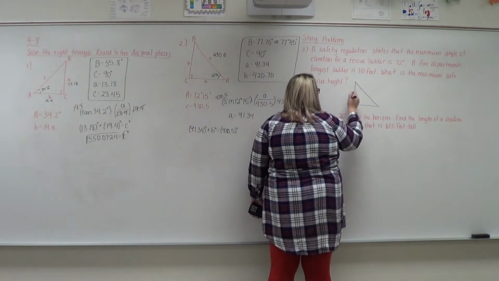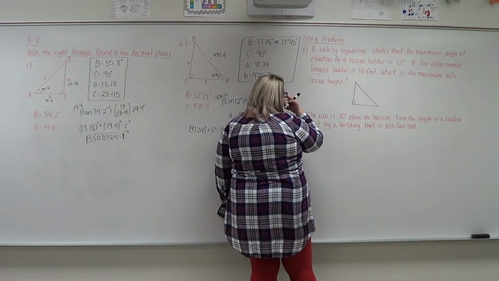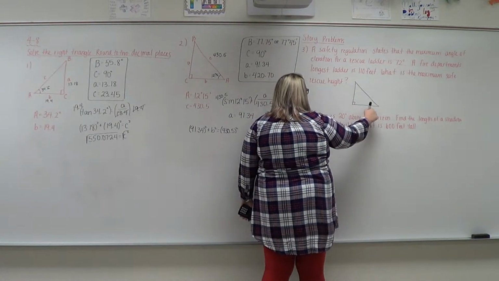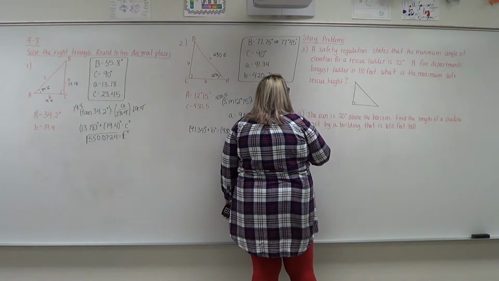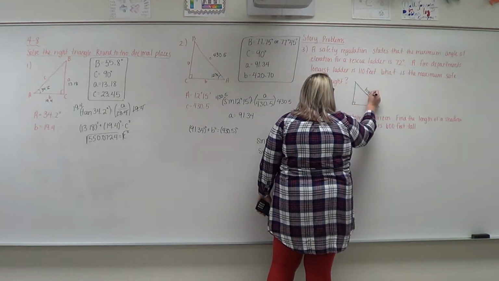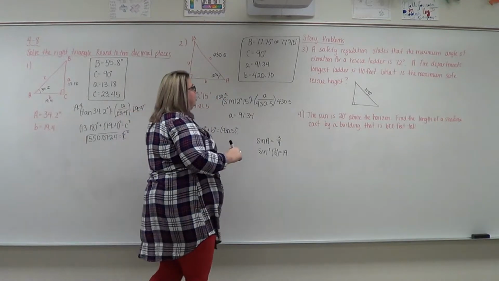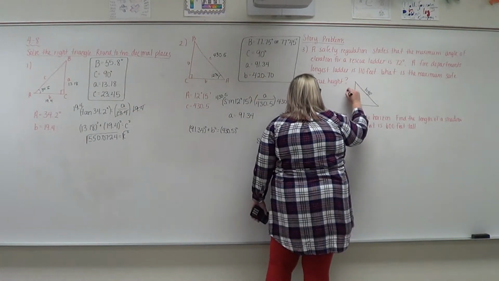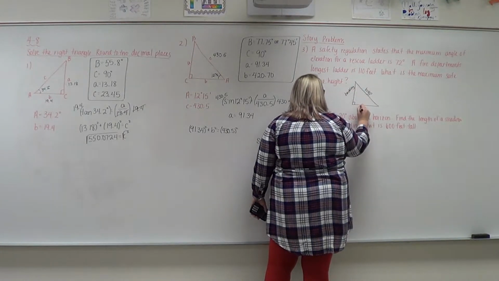Okay, so where would the ladder be located? Side on the bottom, side on top, or the hypotenuse? Hypotenuse, okay? When they rescue someone, they lean the ladder against the building. So this is your building, and this would be the ground.